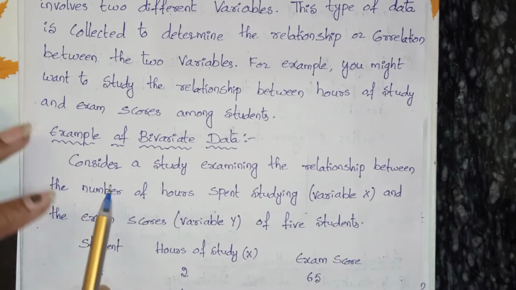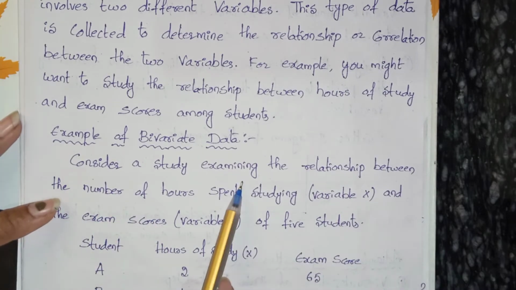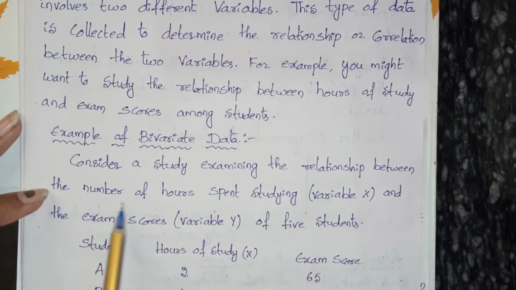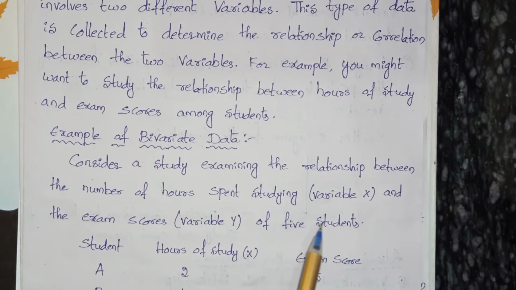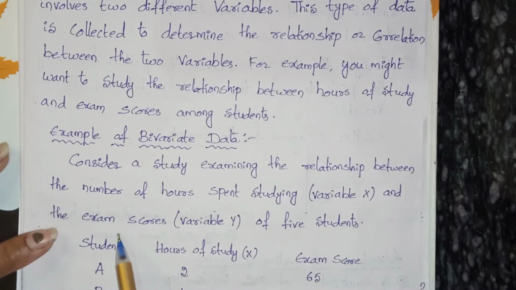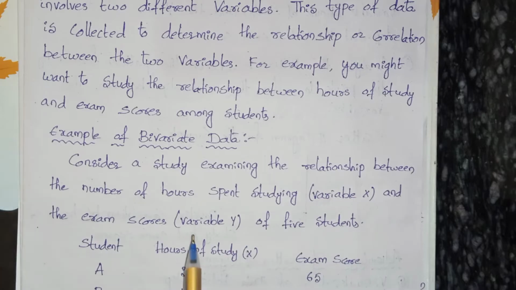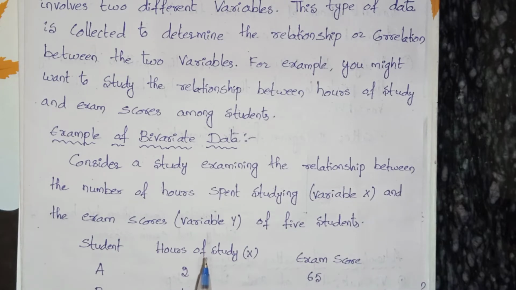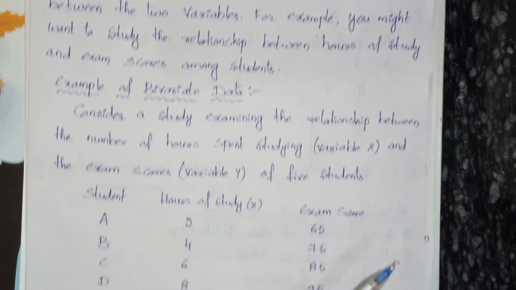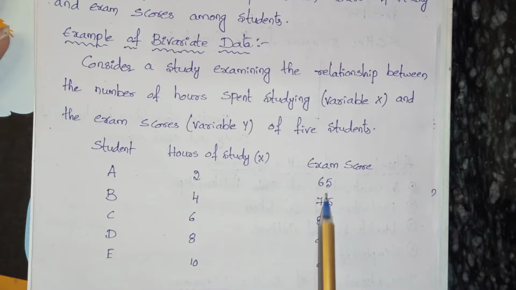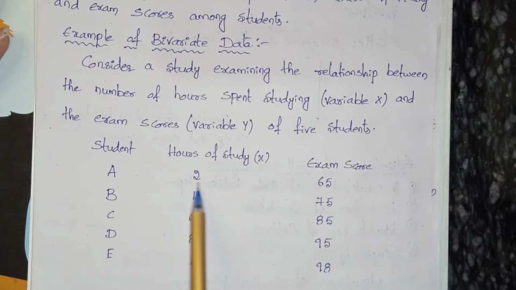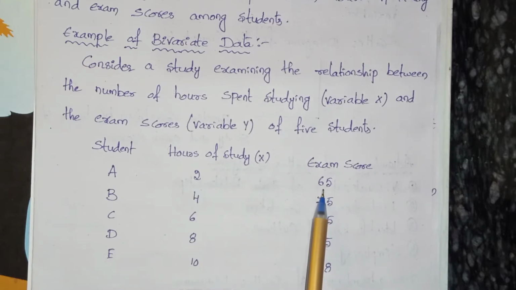See here, consider a study examining the relationship between the number of hours spent studying, denoted with the variable x, and exam score. If we study more hours, we get a good score, no? That is the example we took. Here the students are named A, B, C, D, with number of hours and exam score. If you study 2 hours, you can't get 100 marks.